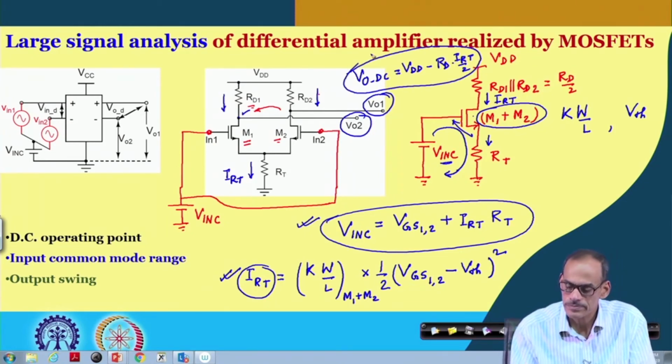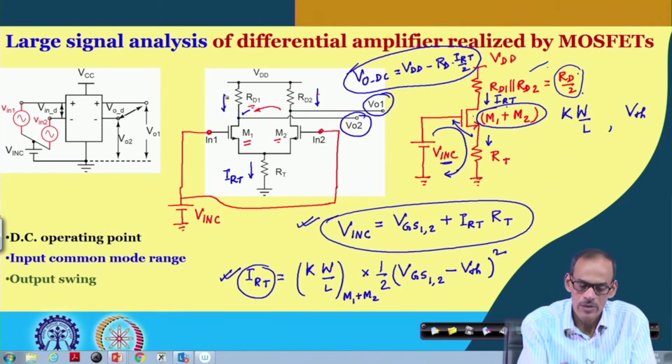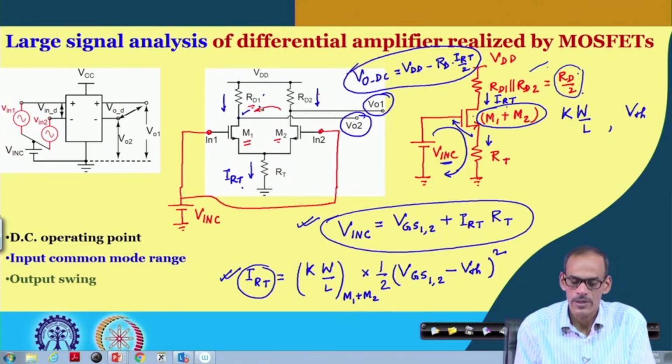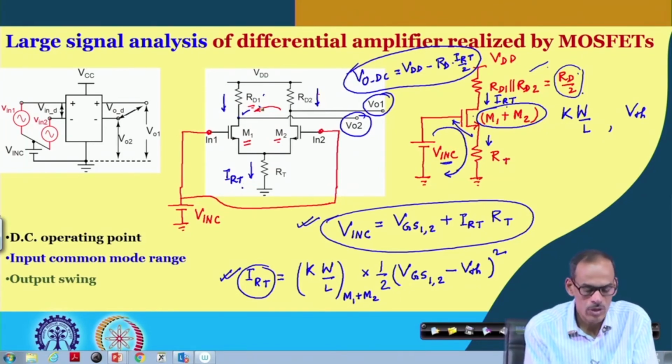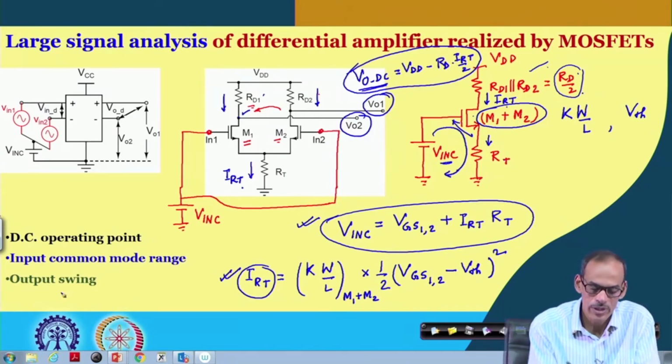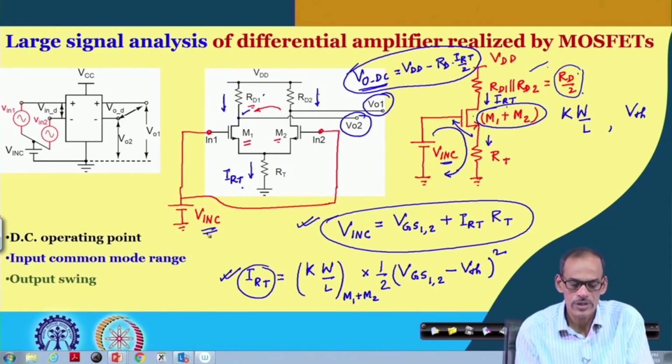In fact, either you consider this circuit where the drop here is RD by 2 multiplied by IRT, or you consider half of this circuit where the current is half and the resistance is RD, whatever it is. So, we got the expression of the DC output voltage for a given input voltage.